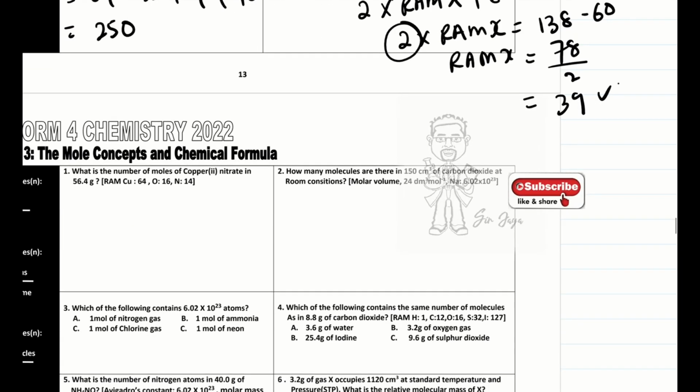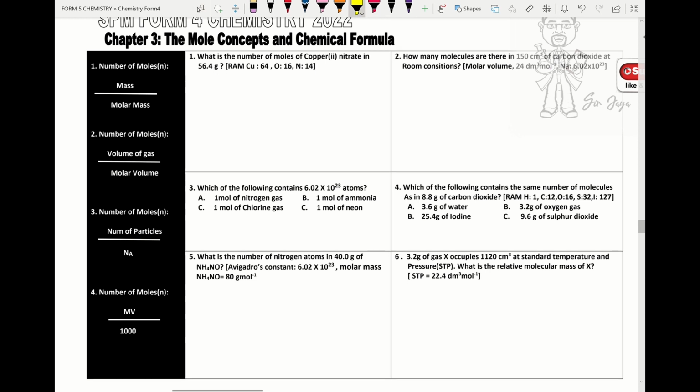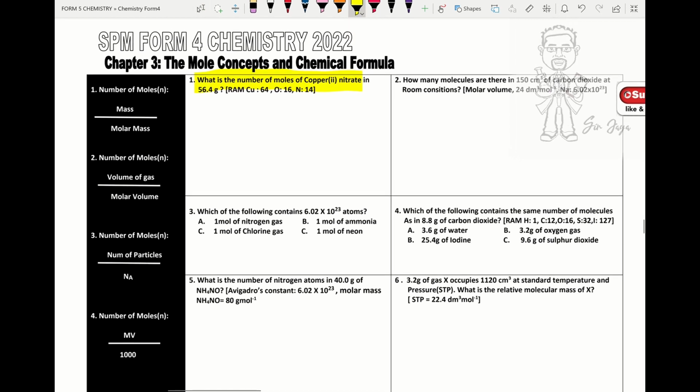All right, we move on to the next question. Check this question, question number 1. What is the number of moles of copper(II) nitrate? Given to us is mass, and they ask for the number of moles. So we have to find the relationship between mass and number of moles. To find the number of moles, we take the mass over the molar mass.